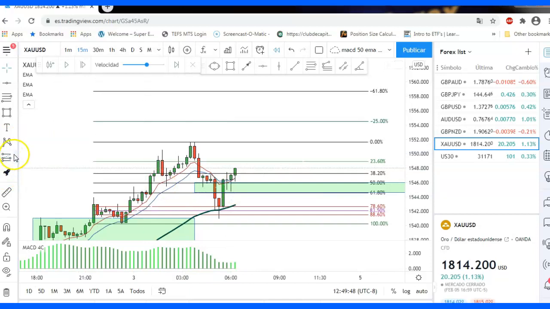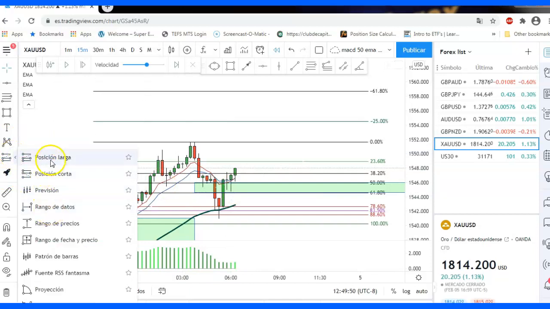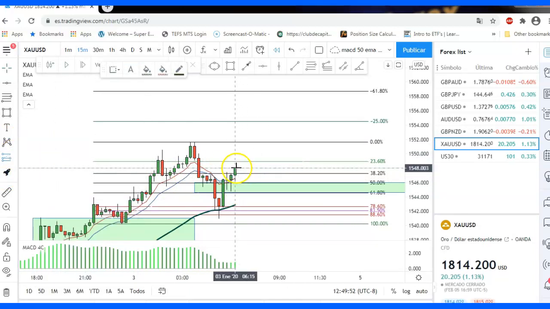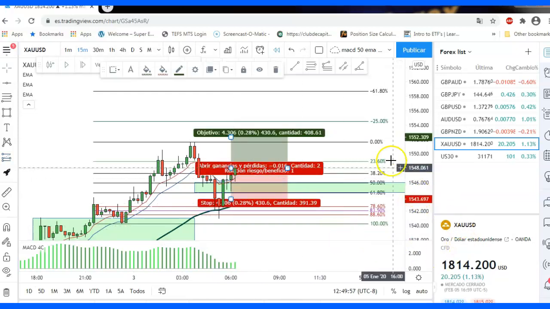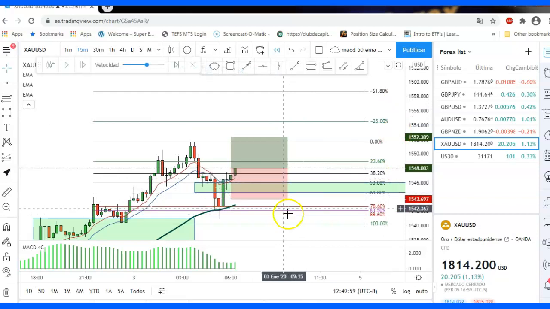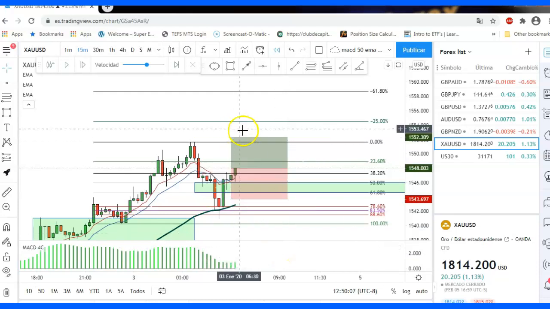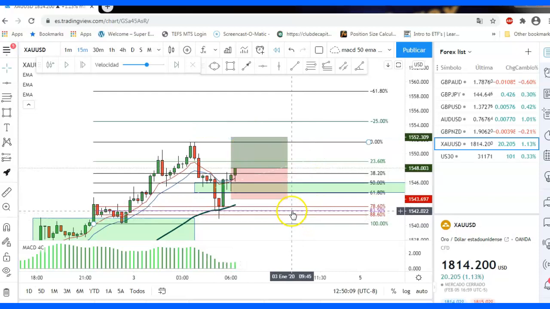Okay, so let me put a long. Okay, that is normally 1-to-1 risk reward. I'm gonna go for it. Okay, I'm gonna go for it. See if we can get it. Let's do it.